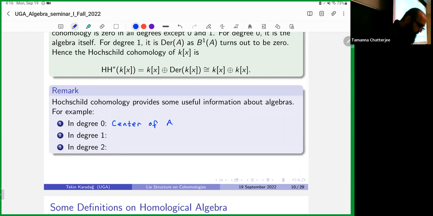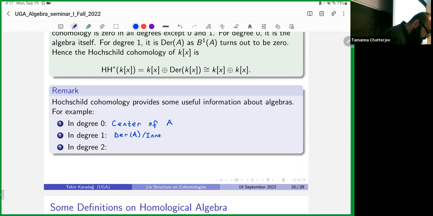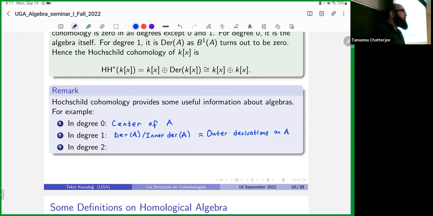For degree 1, we always get derivations over inner derivations, which is called outer derivations. And in degree 2, we get, if I can write it correctly, in degree 2.